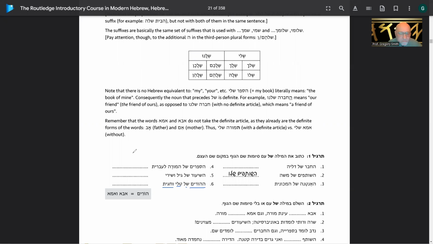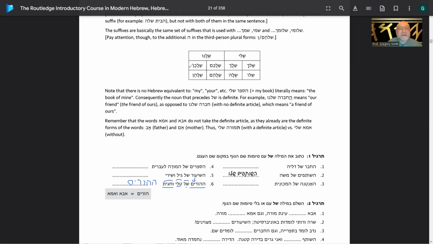Okay, so Hahorim is right here. Hahorim, the parents shall belonging to Talia the Hagit. Talia and Hagit. So that's their parents. Okay, so first we put Hahorim.